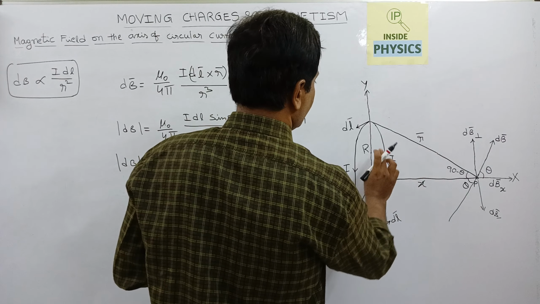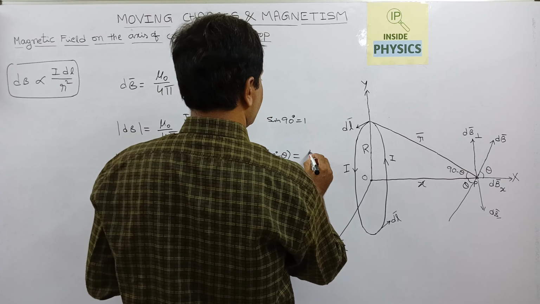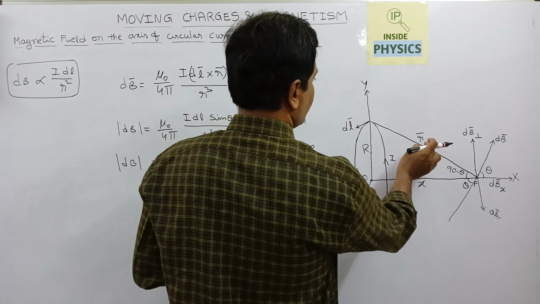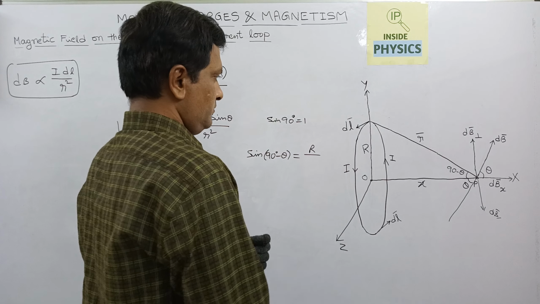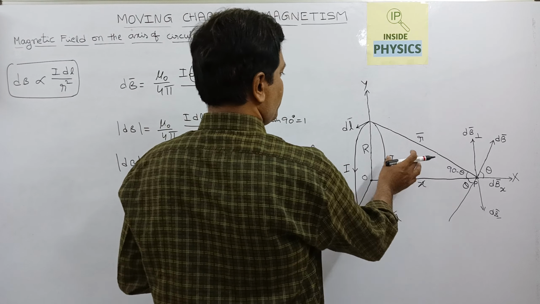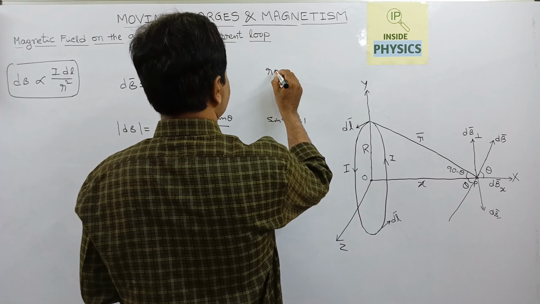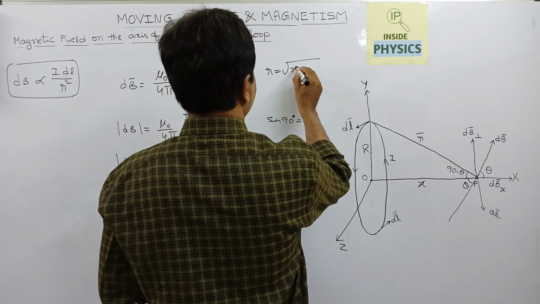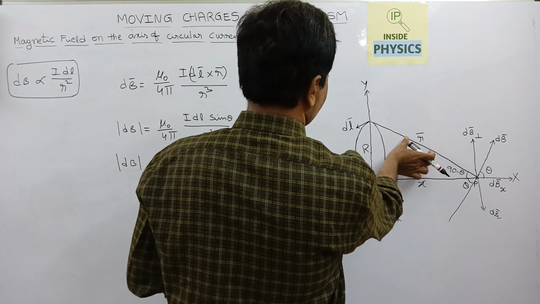that is equal to opposite side by hypotenuse, which is r by, what is r here? Using the property of the triangle, you can take it as root of x square plus r square, this length.